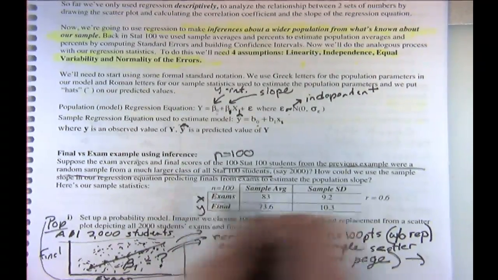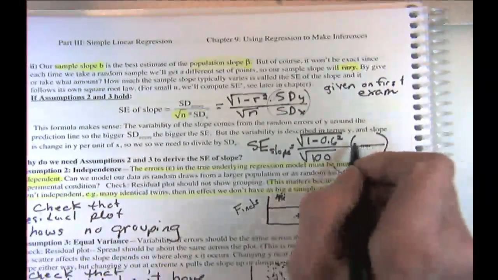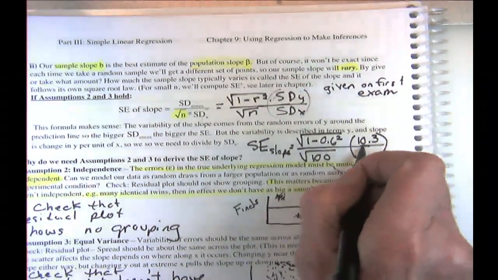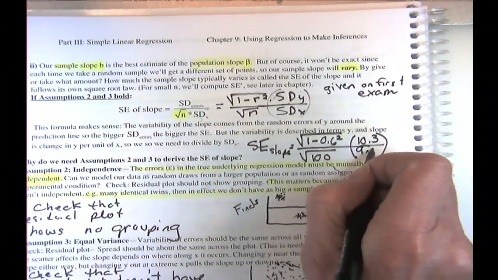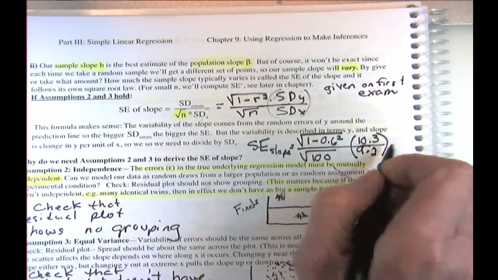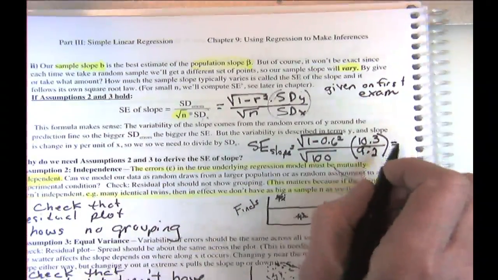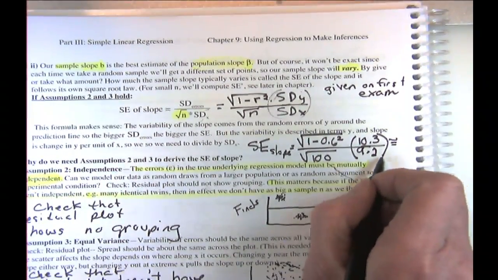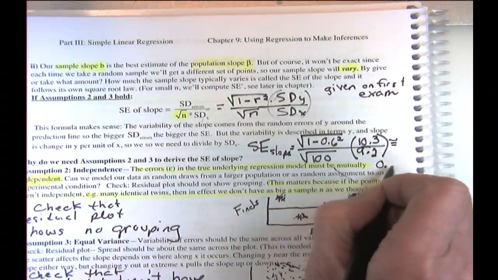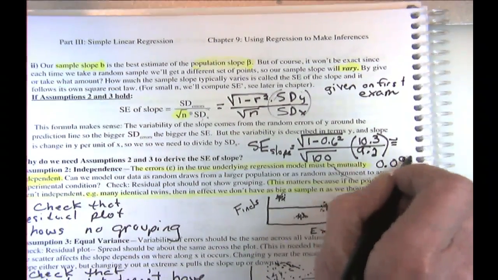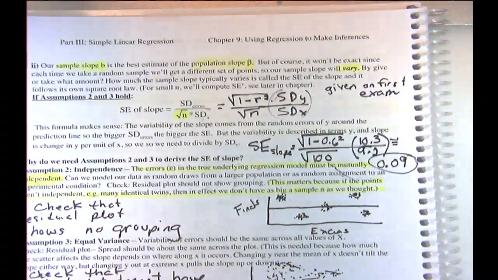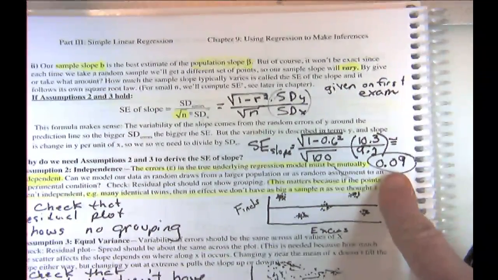That's x, remember, don't get those mixed up. That's the most common mistake. So we have 10.3 over 9.2, and what I got was approximately 0.09. All right, so that's our standard error.